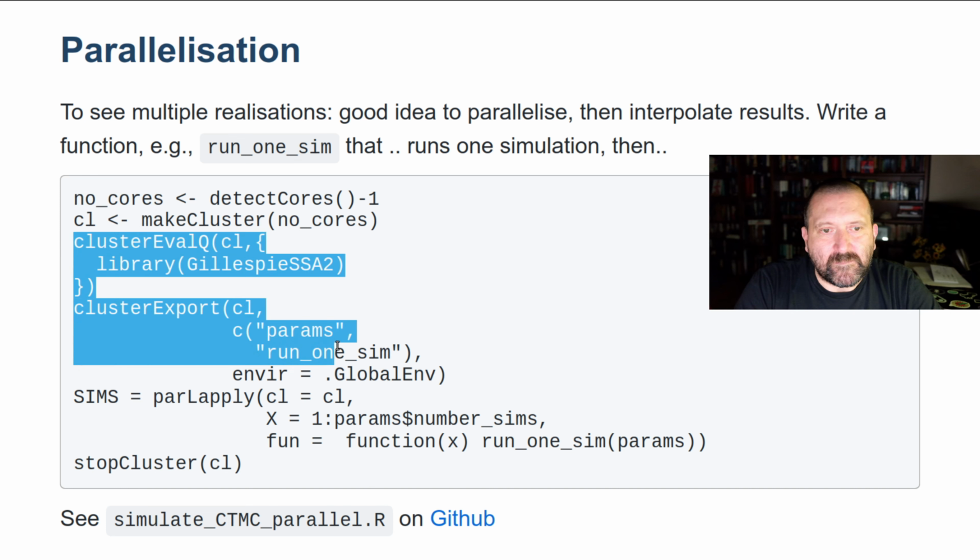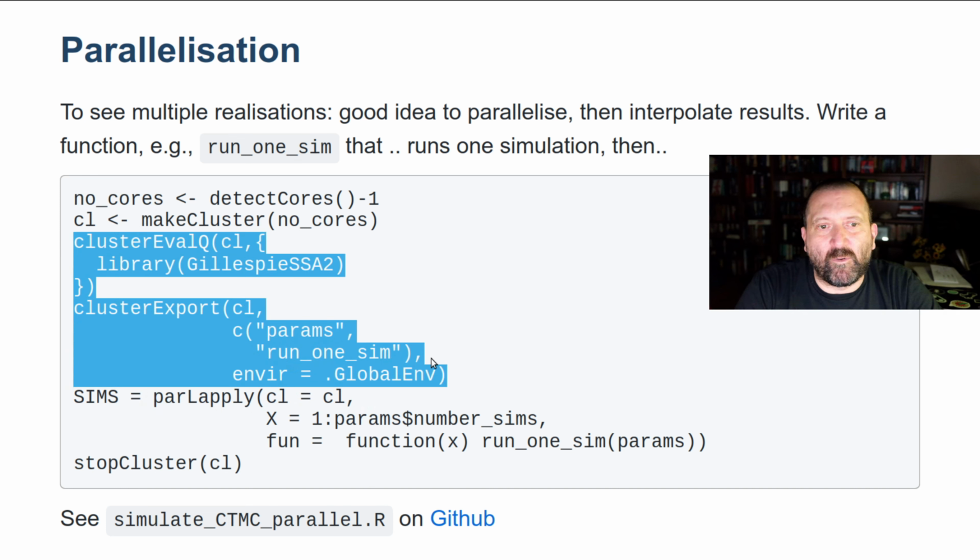These two commands are important because what happens when you make your cluster is that you have those so-called workers that are sort of detached, parallelized. What they are essentially is an R script.